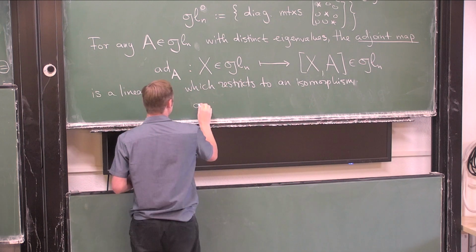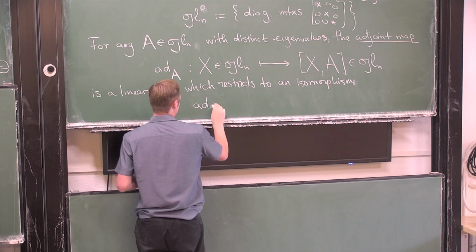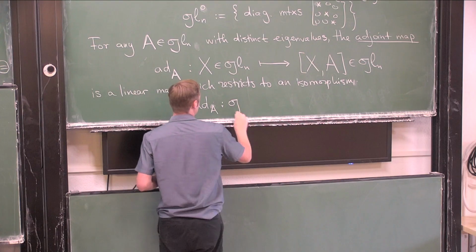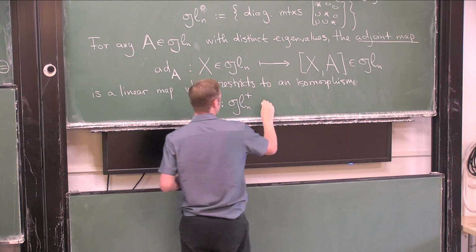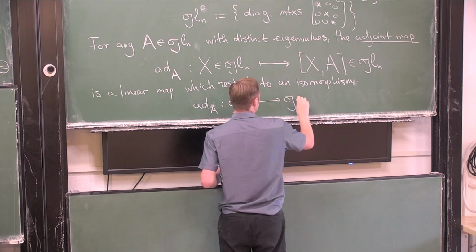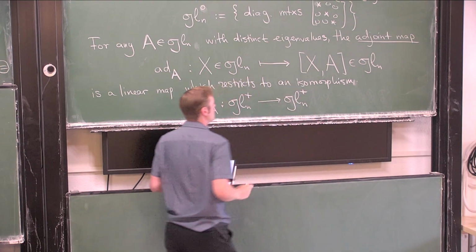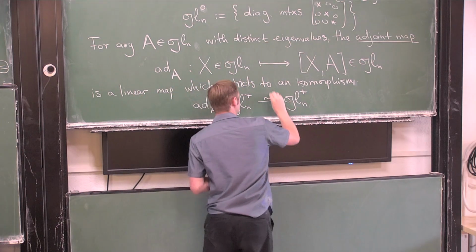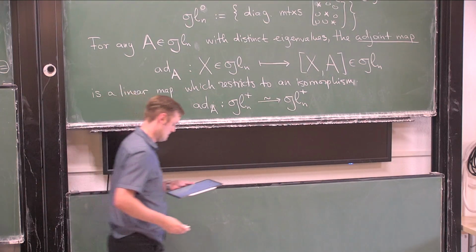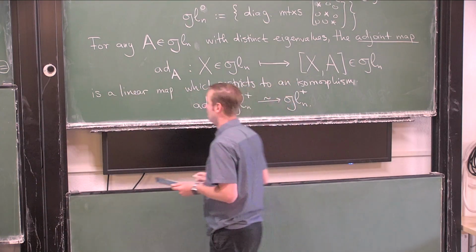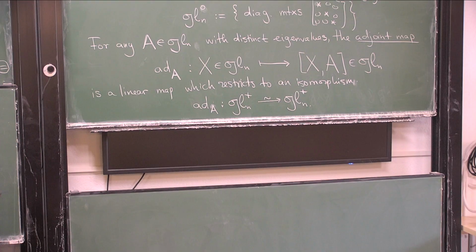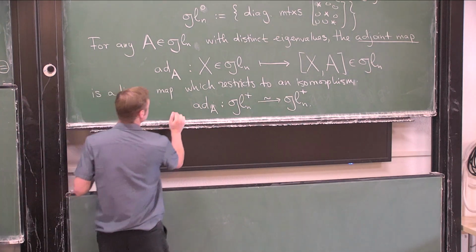So if I restrict it to GLn plus, it outputs off-diagonal matrices, and this is a one-to-one thing. Very neat fact.